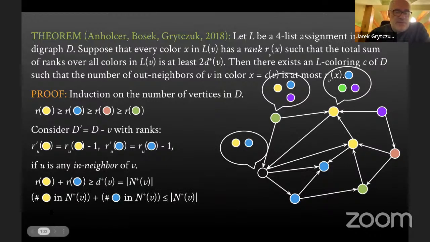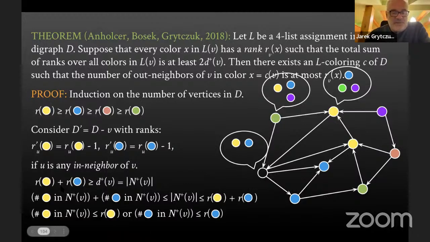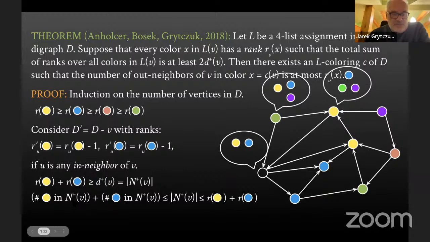But on the other hand, the number of blue in this coloring among out neighbors of V plus the number of yellow is not bigger than the out degree, of course. And this is bounded by the sum of these two ranks. So we have the following situation. The number of appearances of blue and yellow in the out neighborhood of V is bounded by the sum of ranks of these two colors.